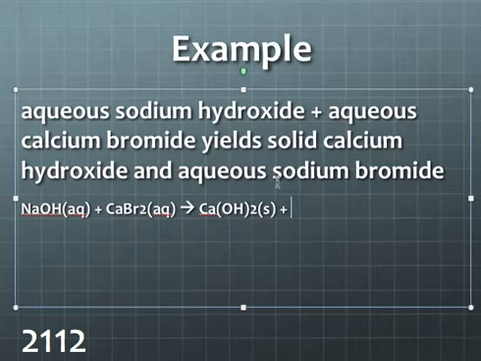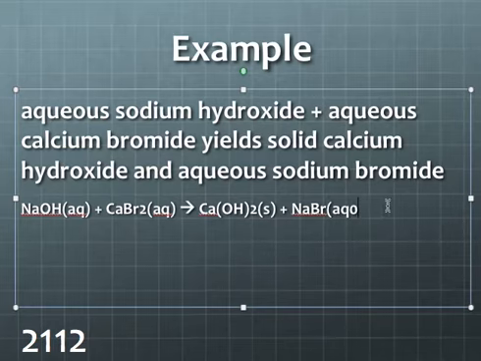And our last product here is aqueous sodium bromide. So sodium, 1+ charge, bromine, 1- charge, (aq). All right, so this is my first step here. I went from a word equation to a skeleton equation. I've got my physical states, but I don't have any coefficients.